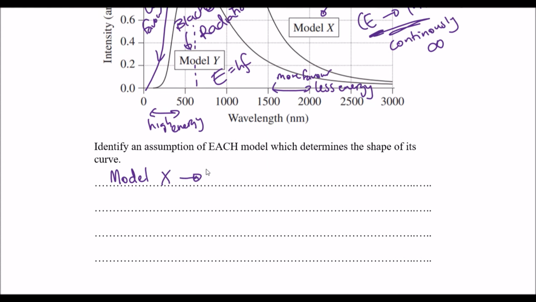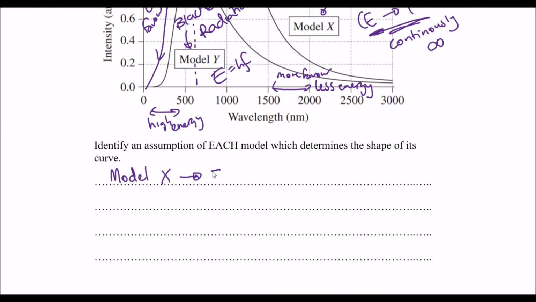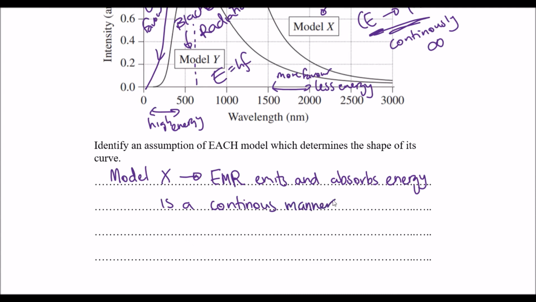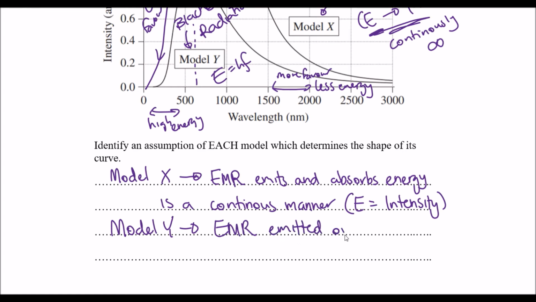So let's go there. Model X represents electromagnetic waves, radiation, emits and absorbs energy in a continuous manner, and they believed that energy was related to the overall intensity, while model Y viewed that electromagnetic radiation that was emitted or absorbed came in quantized amounts.